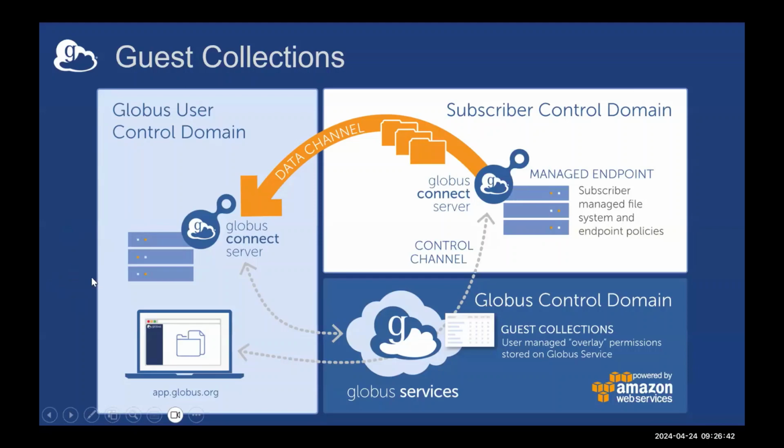But underneath, at the local file system level, it will look like it's me accessing it. So all local access is done with the credentials and account of the user who created the guest collection.